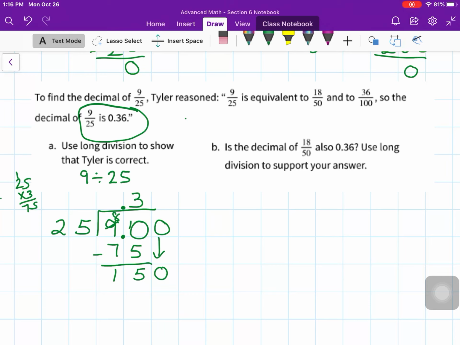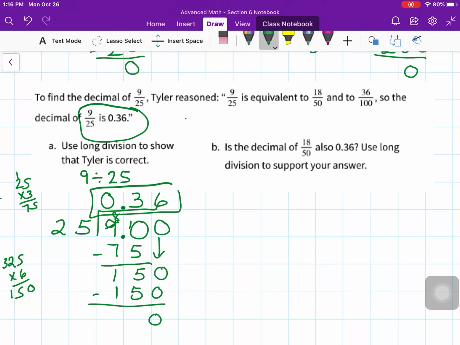So I'm confident then that I can get 6 out of that. And I can do my math over here just to be sure if I need to. Yep, that is right. So 6 times 25 is 150. Subtract to get 0. So I did prove that 9/25 is the same as 0 and 36/100.